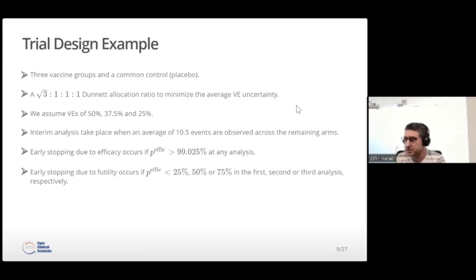This kind of allocation is called the net allocation, and its benefit is that the average uncertainty is minimized for the different vaccine effects. Think about it, because this same control group serves every one of the vaccine groups, it now assumes a special importance. It's no longer just another arm.